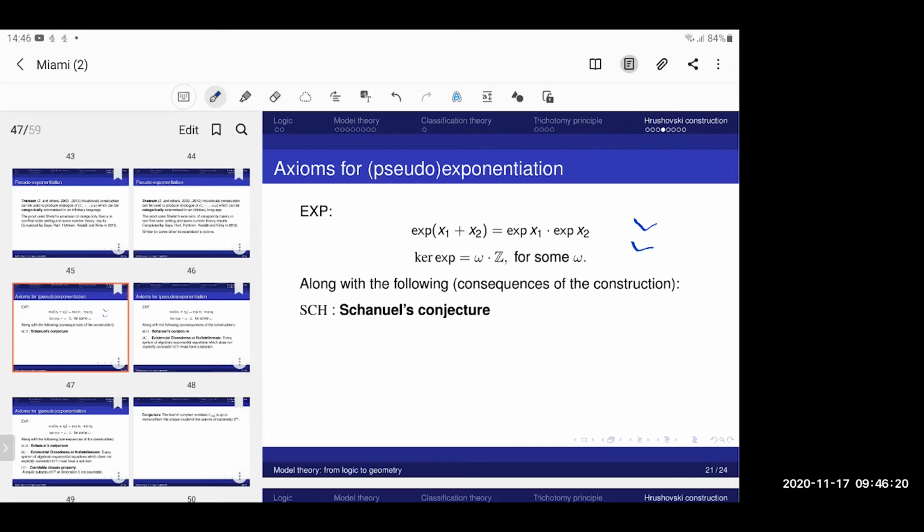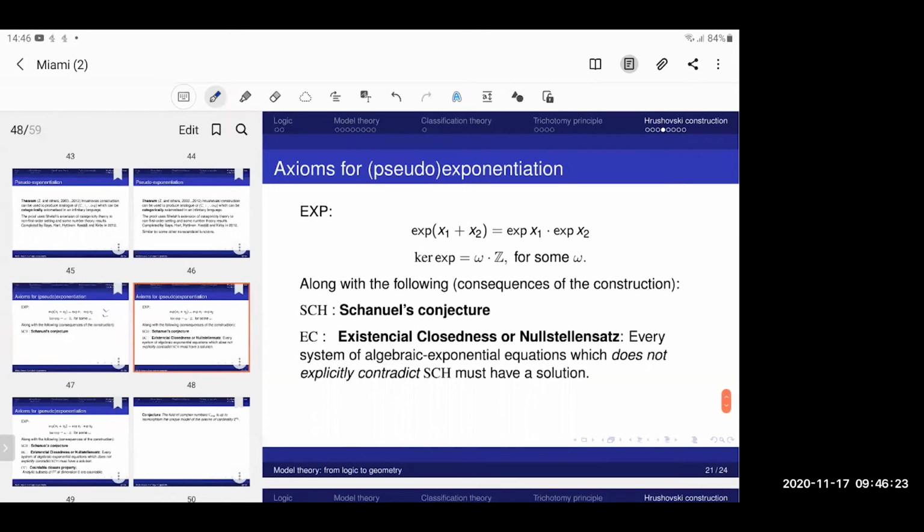Then you formulate Schanuel's conjecture, which is just this Hrushovski inequality, and then as a very subtle consequence of this construction you have existential closedness. Technically we call it existential closedness, but Angus Macintyre noticed that this is essentially nothing but a Nullstellensatz for algebraic exponential equations.